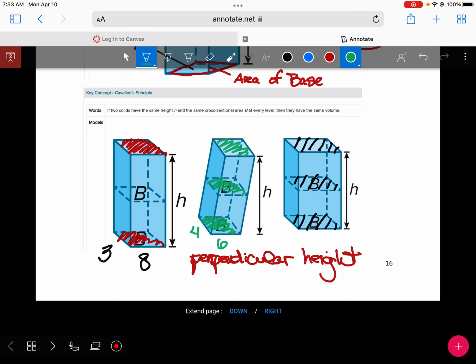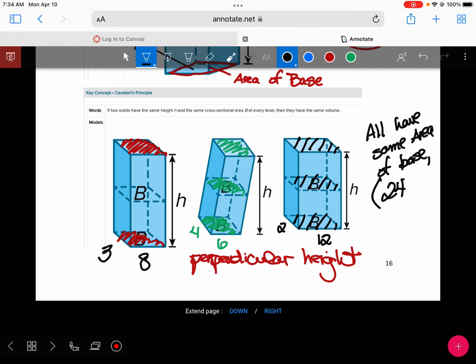And let's say this one was, I don't know, 2 by 12. So all have the same area of the base, which is 24.